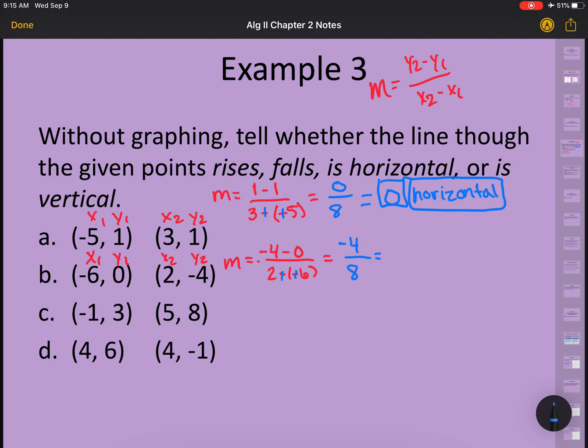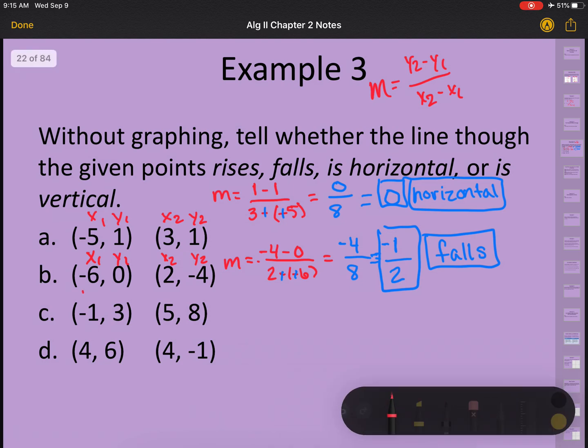So negative 4 divided by 4 is negative 1 on top, and 8 divided by 4 in the bottom is 2. That's the same thing as negative 1/2. Okay. So, since it's negative, that is a falling slope. So this one falls.